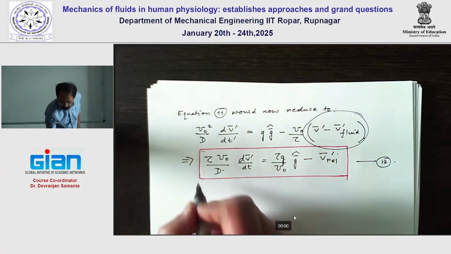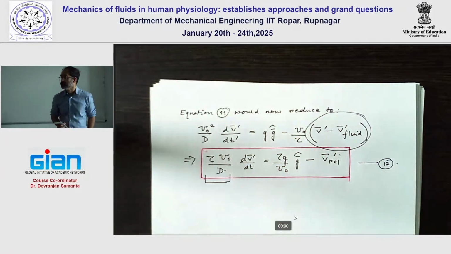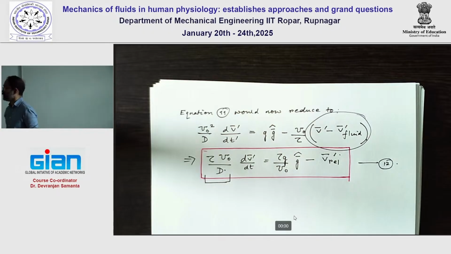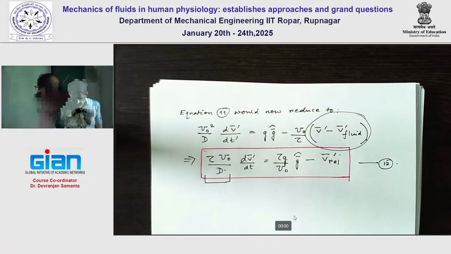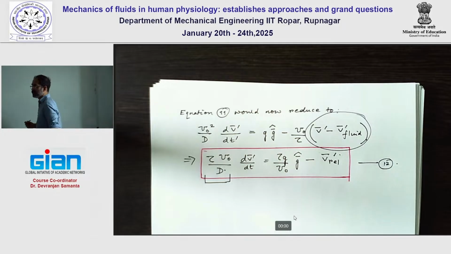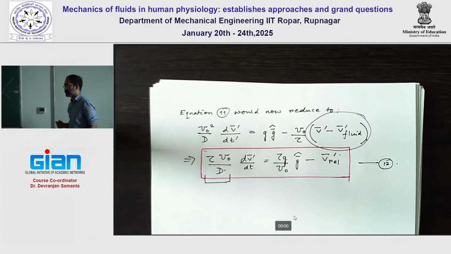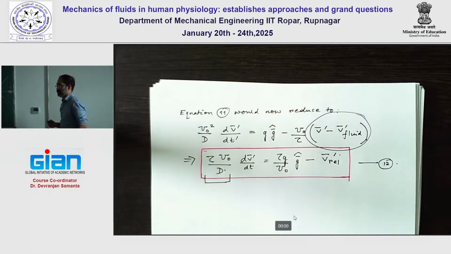What is this coefficient? What is the second most well-known non-dimensional number in fluid mechanics? Not Reynolds number, it's the Stokes number, right?